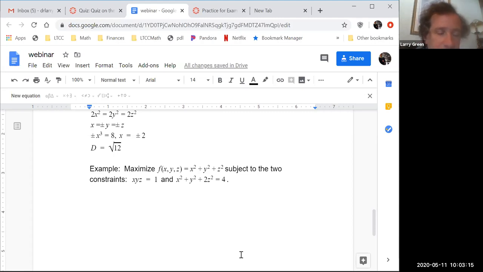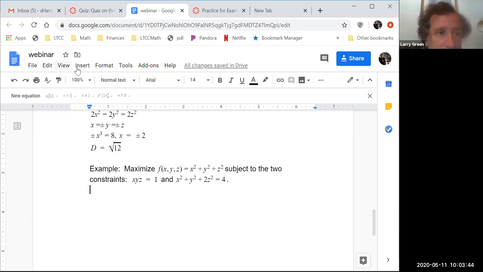Okay. So I'm going to do this one because we don't have time to fully derive a theorem about it. So I'm going to explain the theorem as I go with an example. And you'll see it's not that much different. The theorem says what I do is I just extend Lagrange multipliers with a second constraint. So I'm going to take the gradient of f.